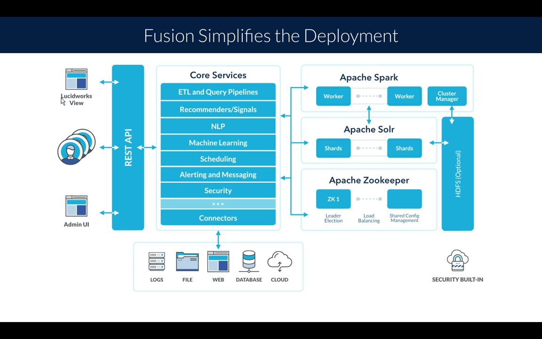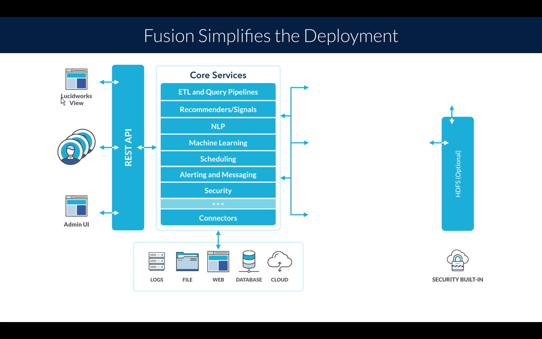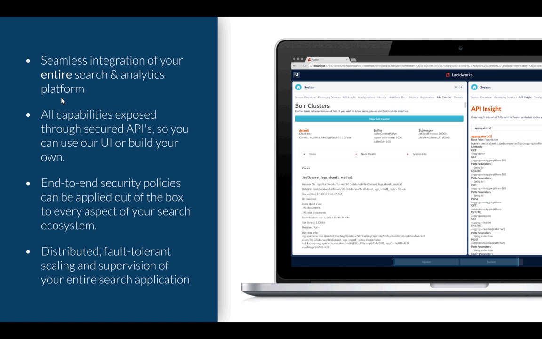On top of that, we build a lot of different services for doing your ETL, helping process and transform user queries and make them simpler for the user, as well as providing recommendations and doing complex natural language processing. All of those services get drawn on top of these key technologies, but you don't have to worry about the operational complexity. We've taken care of that stuff for you.